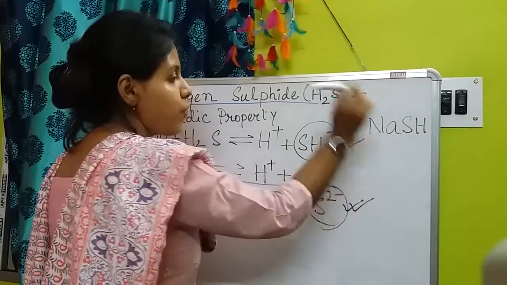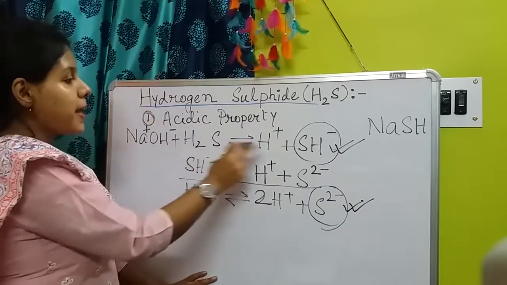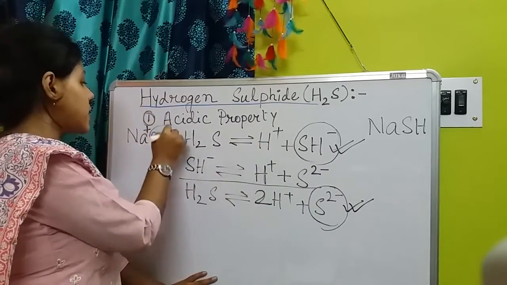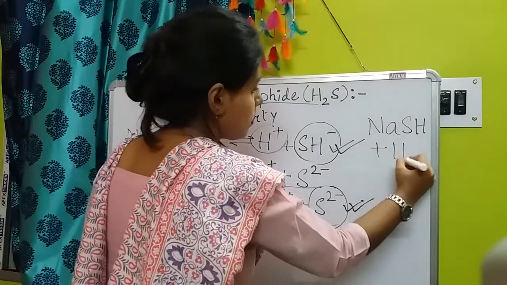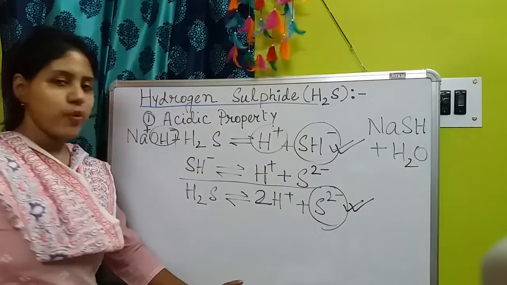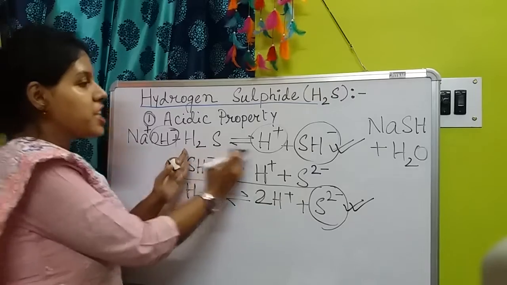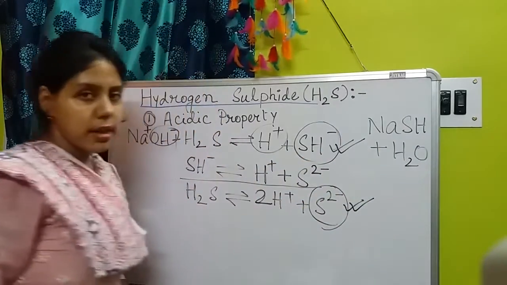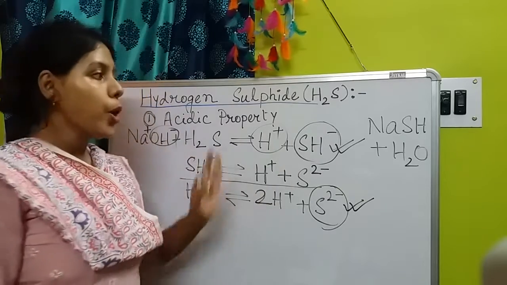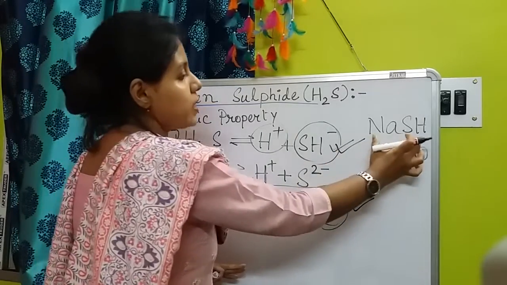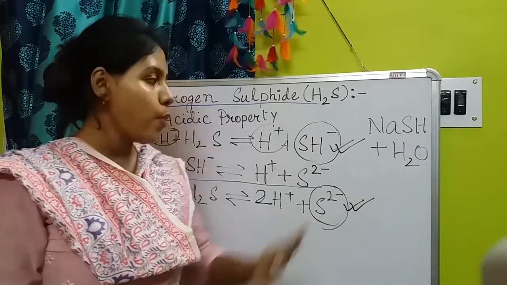And OH minus will be added to the H plus ion, making H2O. As we all know, whenever a base reacts with an acid, it makes a salt and water, and this reaction is called a neutralization reaction. So in this process we get a bisulfite salt and water.